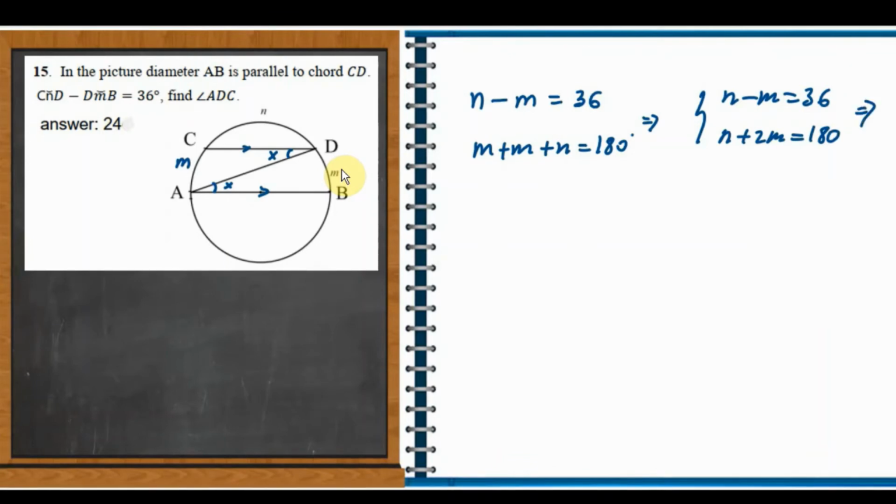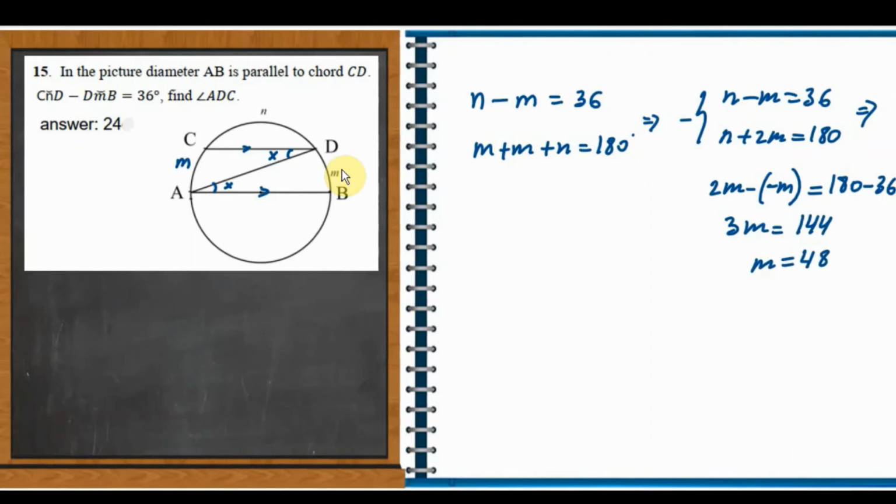Now let's subtract. N minus N is 0, 2M minus M. Minus M will be 180 minus 36. So 3M equals 144.